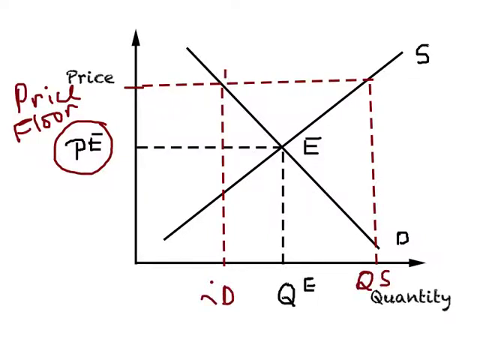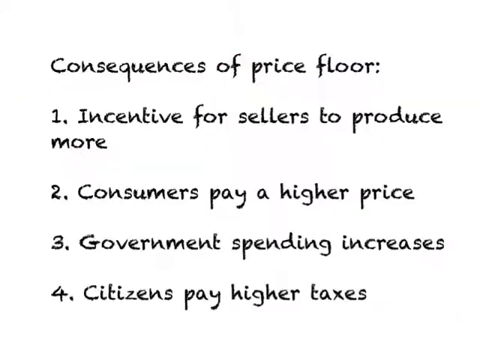So when we have a price floor, we have a case of surplus production, a situation where supply exceeds demand. So this is the first consequence of a price floor.